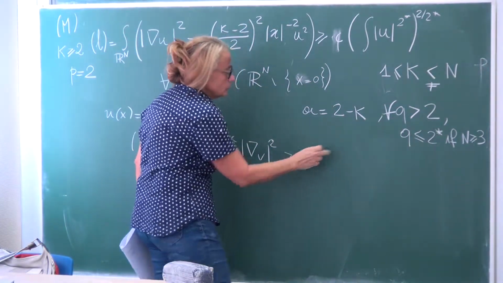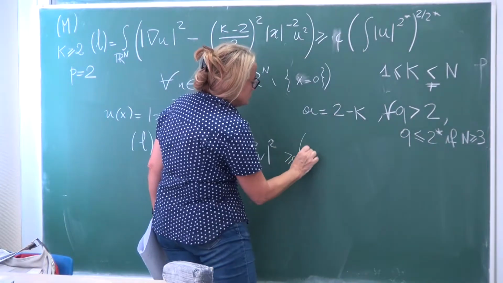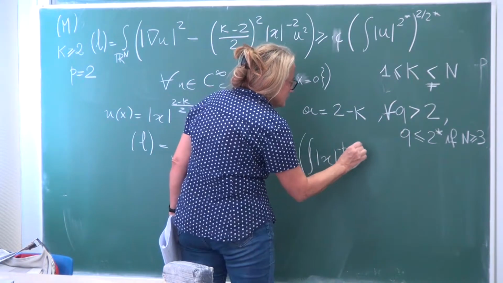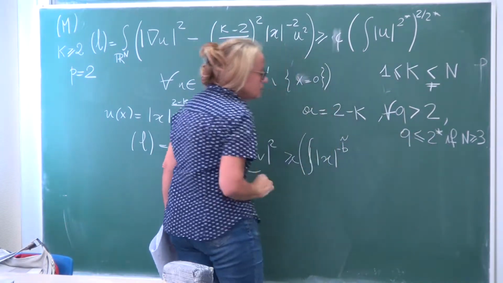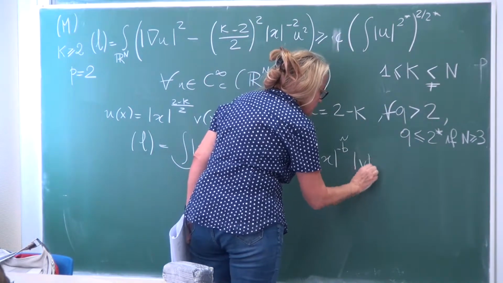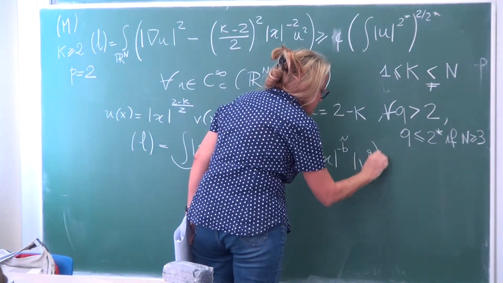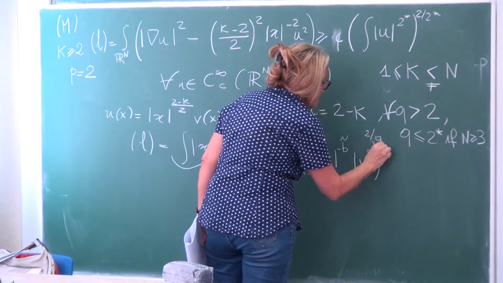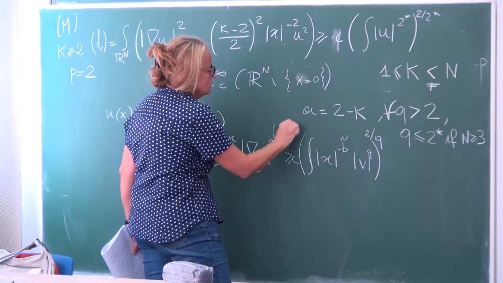You find that for those q, you have a positive constant such that, up to some positive exponent, this is the Musina inequality.